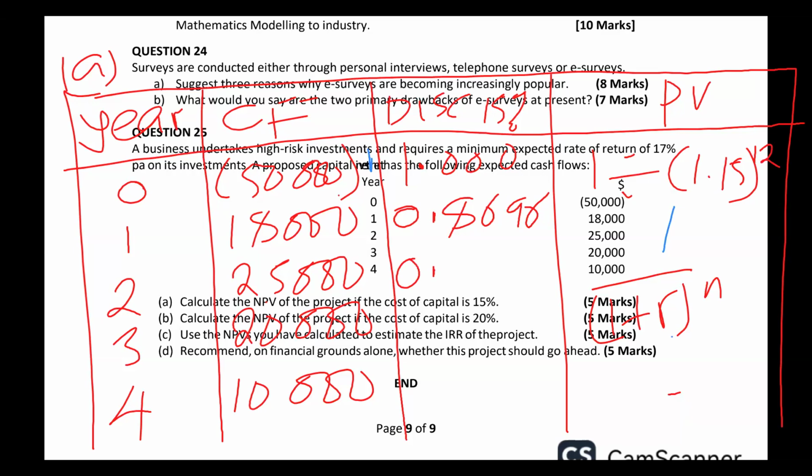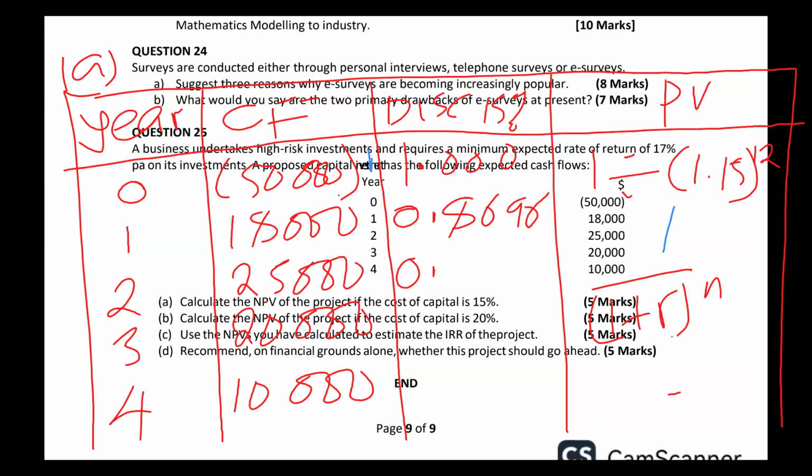We are still going far, right? It gives us 0.7561436667.